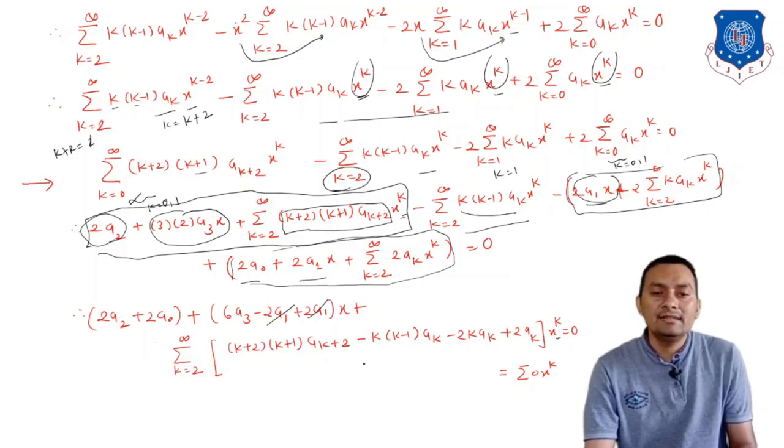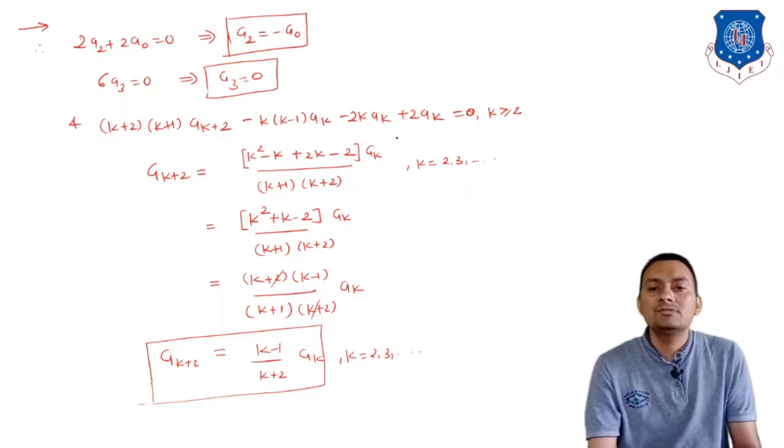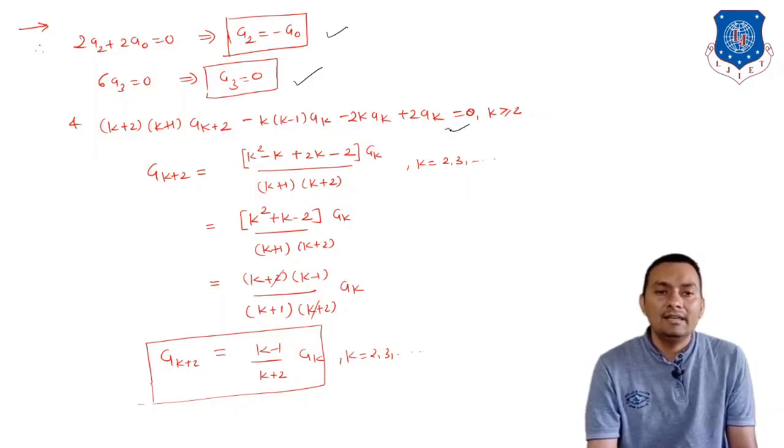So this term is there that you can verify. This is plus minus minus, so it will be minus 2 times k, and this is plus 2 times ak. And also comparing on both the sides, so this is going to be a2 equal to minus a0, a3 will be 0, and this recurrence relation we can obtain from this equation.